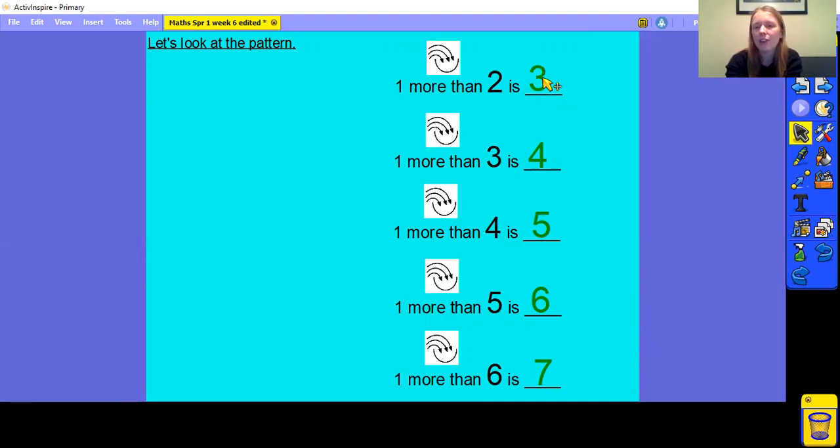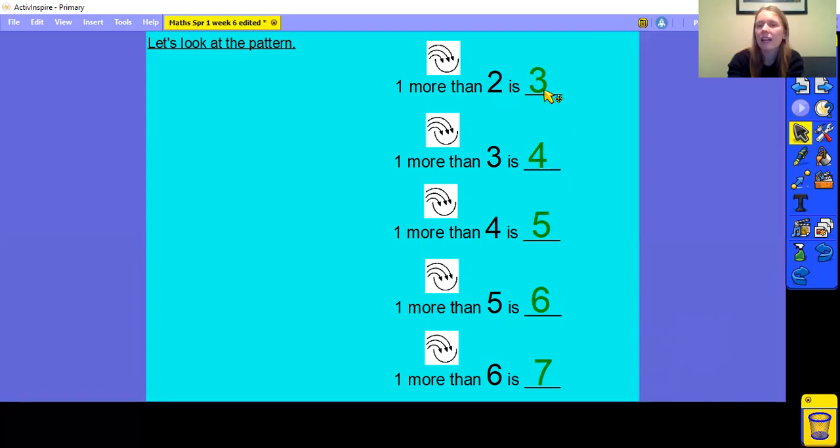Let's have a look at the number that we had at the end of solving our problem. Are you ready to count down the numbers? 3, 4, 5, 6, 7. The numbers are getting bigger again. So again, we have a pattern.